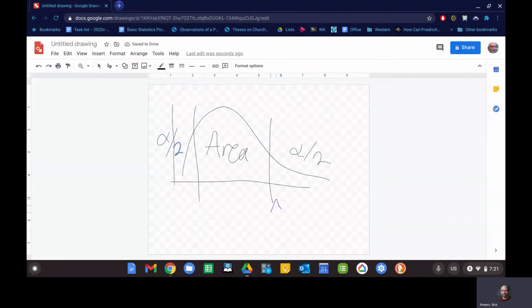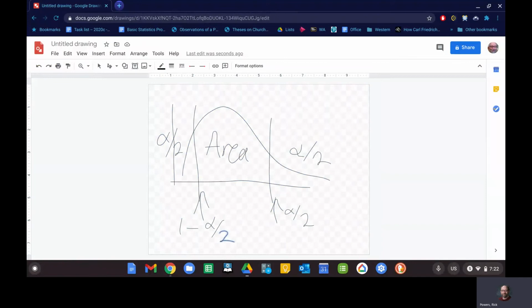This one is labeled with alpha over 2, but this one is labeled as 1 minus alpha over 2, because the table is always talking about areas to the right. So I hope that helps you find those critical values based on StatCrunch. If you want to use the table, certainly that's fine, but they are also there in StatCrunch.